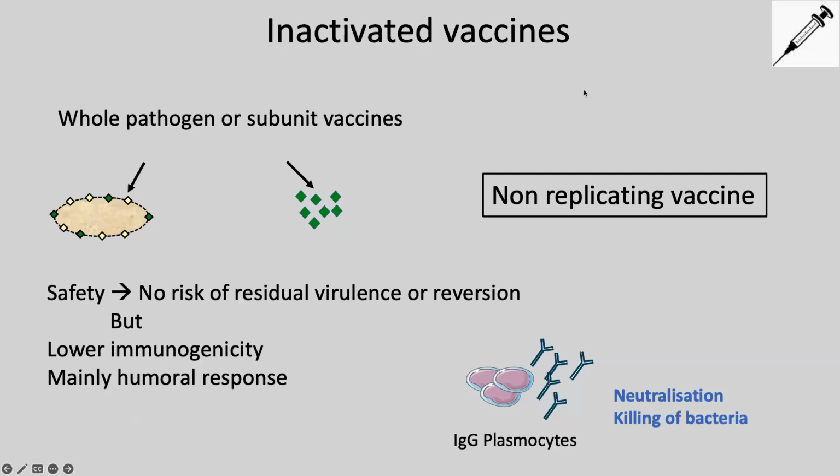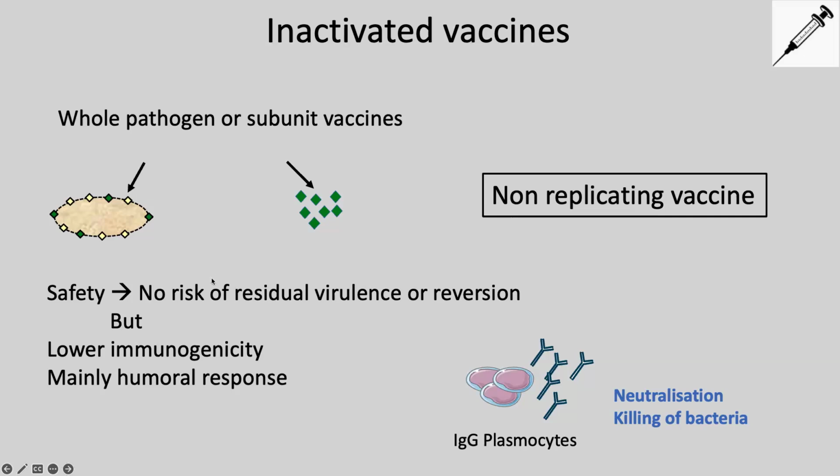So the second type of vaccine is what we call inactivated vaccines. Those vaccines are composed either of the complete pathogen that has been inactivated, or of sub-unit vaccines, so antigens derived from the pathogen. What is important is that these inactivated vaccines are non-replicating vaccines.